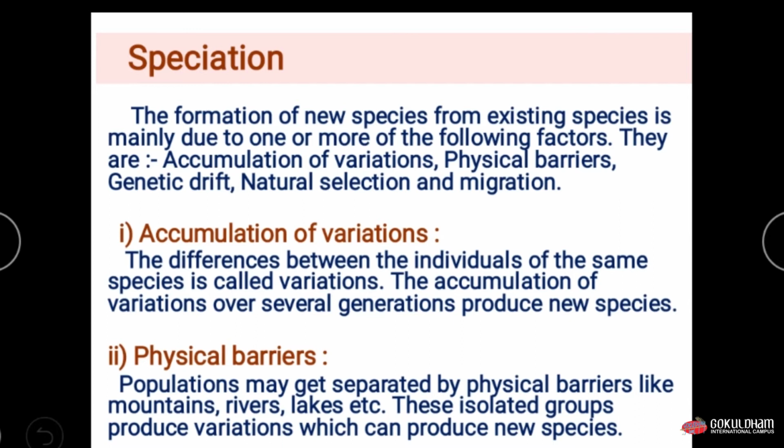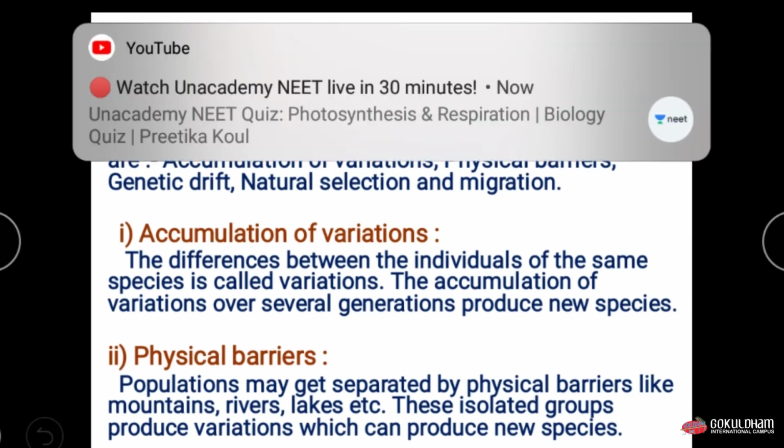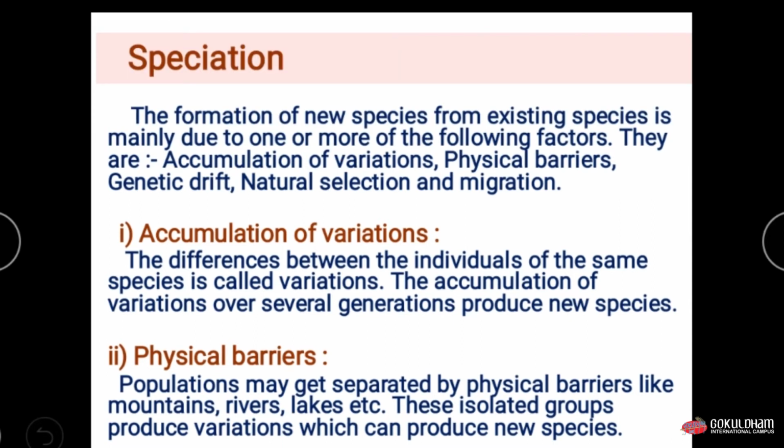Now next is speciation. The formation of new species from existing species is mainly due to the following factors: accumulation of variation, physical barrier, genetic drift, natural selection, and migration.